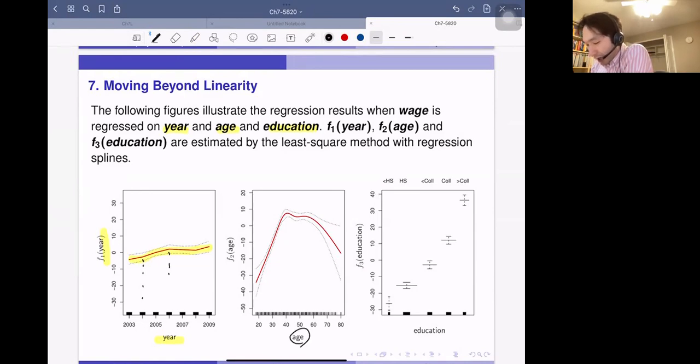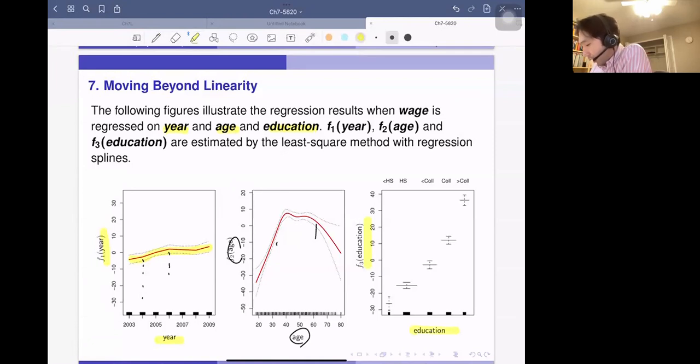And this is age and wage, basically. We fit wage on age probably by a spline, and for age between maybe 35 and 60, the wage is higher than at lower or higher ages. It's a nonlinear relationship. And this is education versus wage.